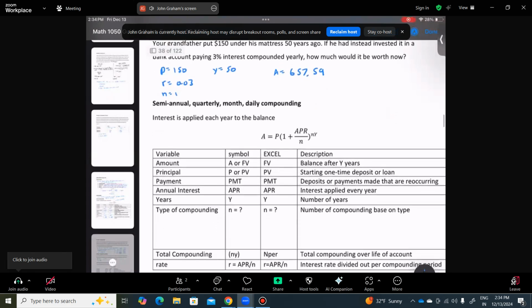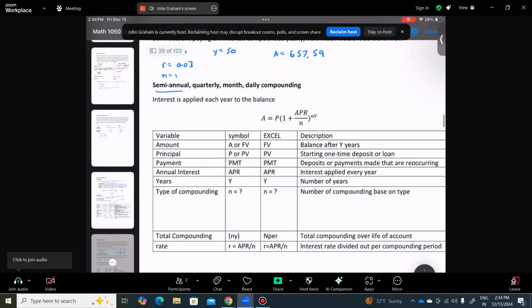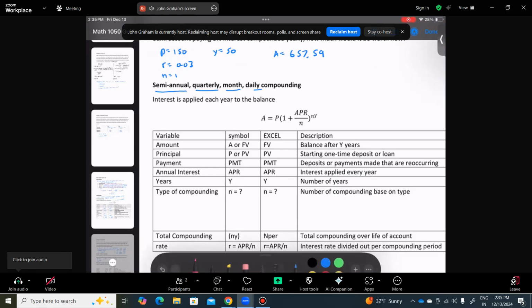We also have other time payments where the interest is added semi-annually, so every 6 months, quarterly, every 3 months, monthly, every month, or daily, every day, right? And for each of these, it has a different value. So for semi-annually, n equals 2, quarterly, n equals 4, think of 4 quarters in a dollar, monthly, n equals 12 months in a year, daily, n equals 365.